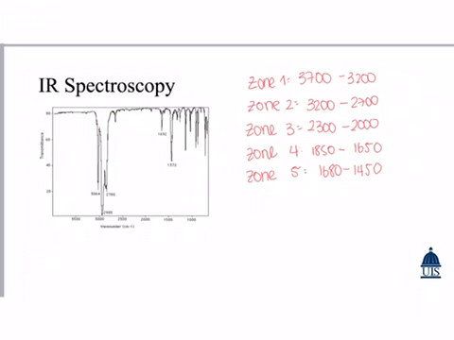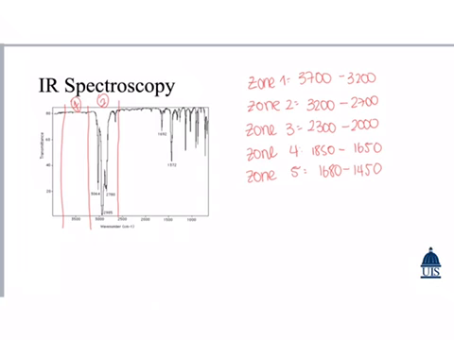The first step to analyze our IR spectrum is identifying the 5 different zones. Zone 1, as you can see, is from 3700 to 3200. In this case, we don't see any important peaks. Then we look at zone 2, from 3200 to 2700. Right above here, there are interesting peaks.